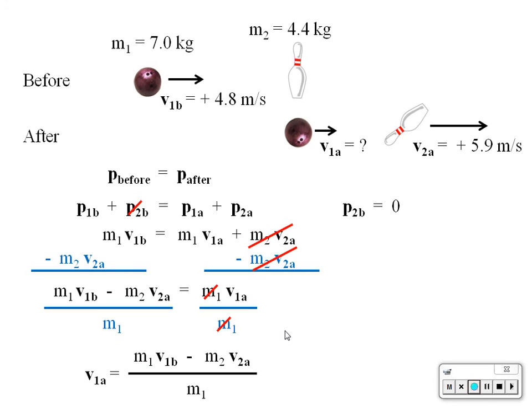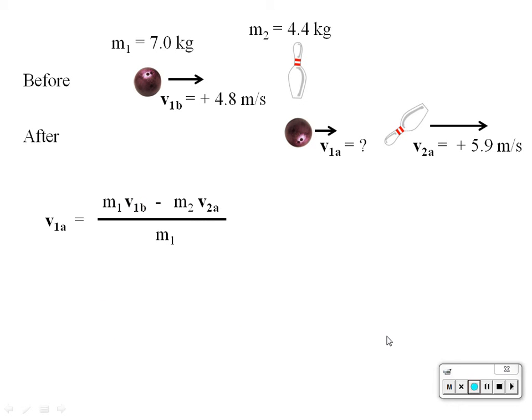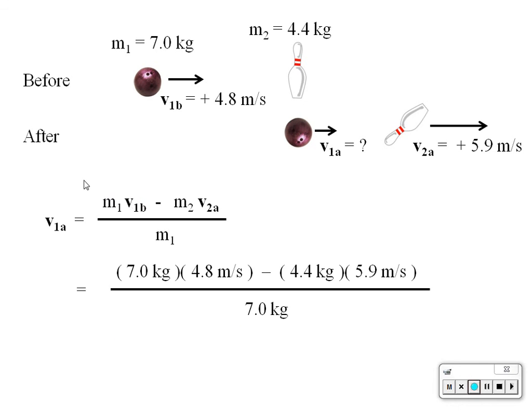And what I'm left with is this. All right. Now I'm going to plug my numbers in from my data table, being careful to put them in the right place, and then picking up my calculator once, I get an answer of the same, positive 1.1 meters per second.